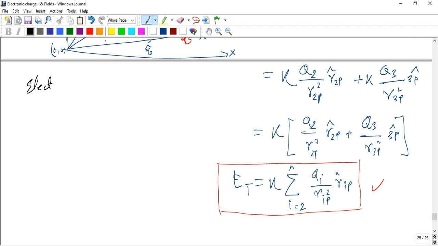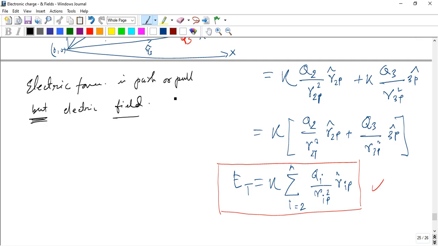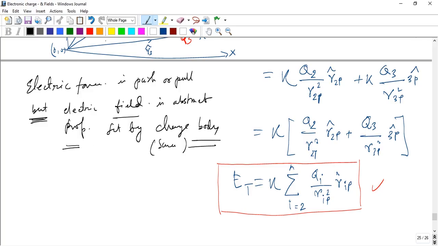The electric force is a push or pull, but the electric field is an abstract property set by the charge or source body. Do not confuse these two points: what is electric force and what is electric field.